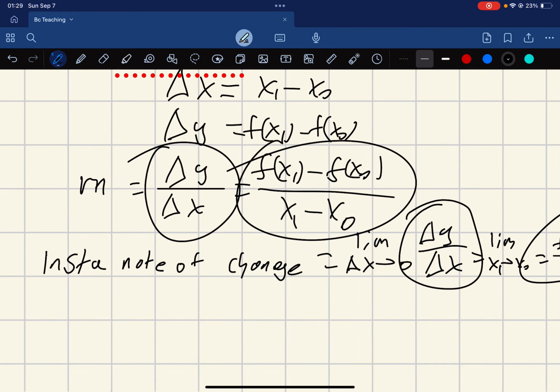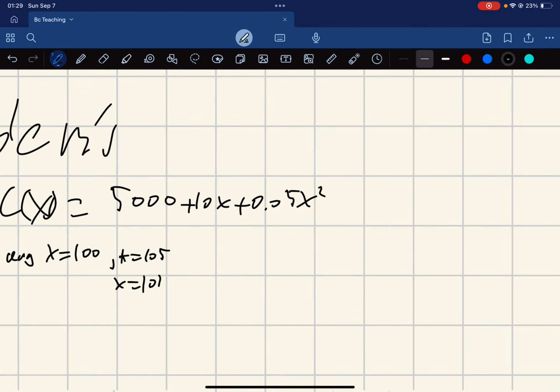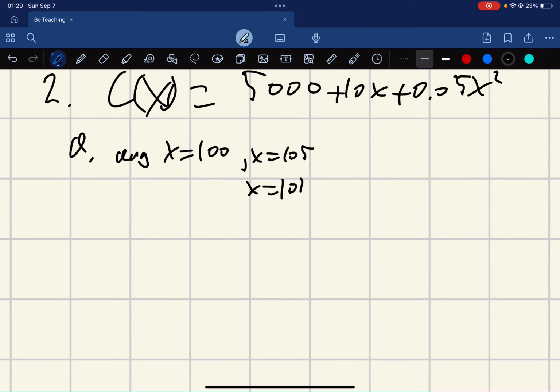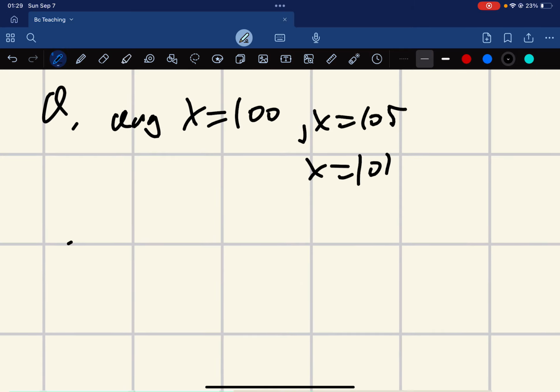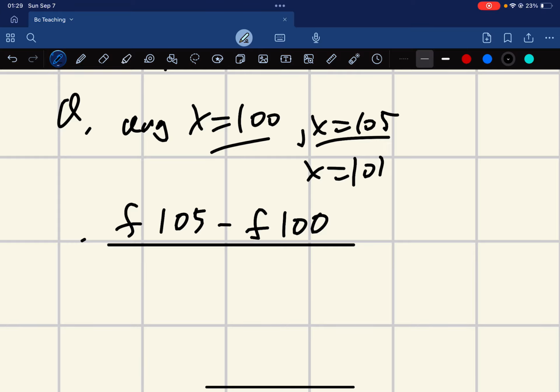Looking at rates of change, our average rate of change is just this. So this would just be C of 105 minus C of 100, divided by 105 minus 100, which is 5.